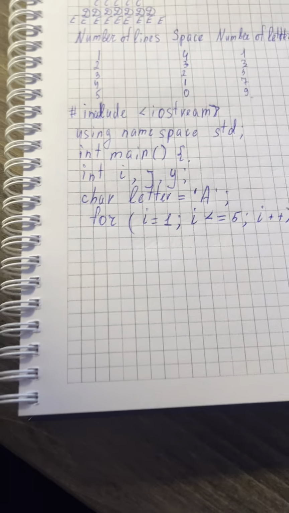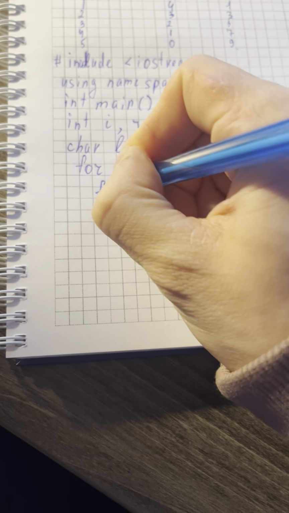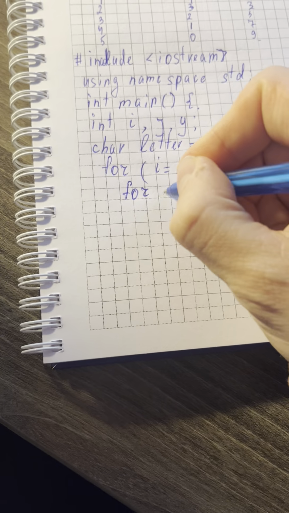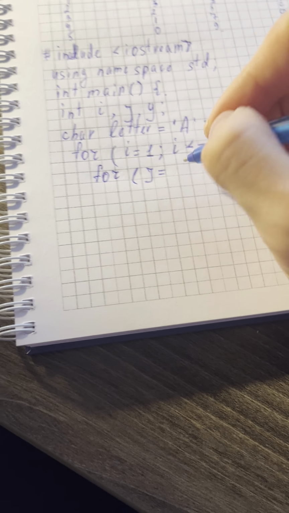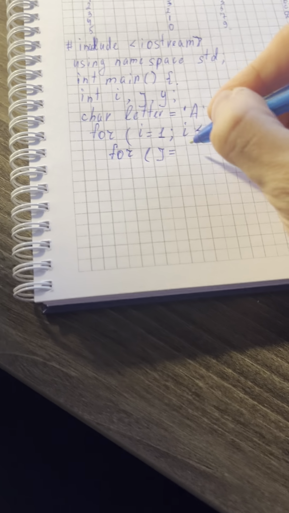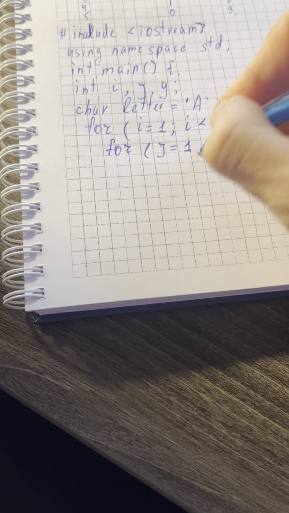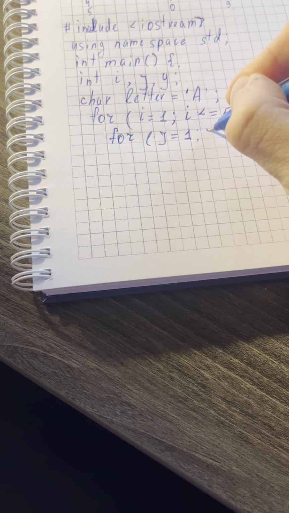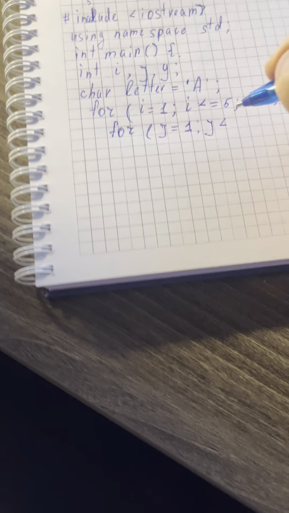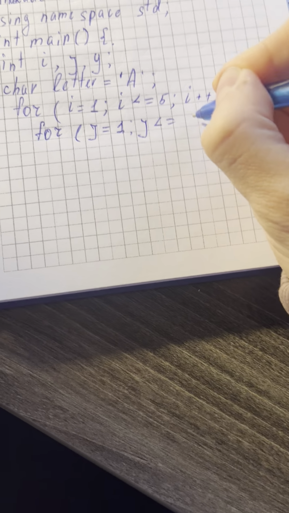So we will start, as usual, for J. I will use from 1, and J will be like, I have here such a formula.